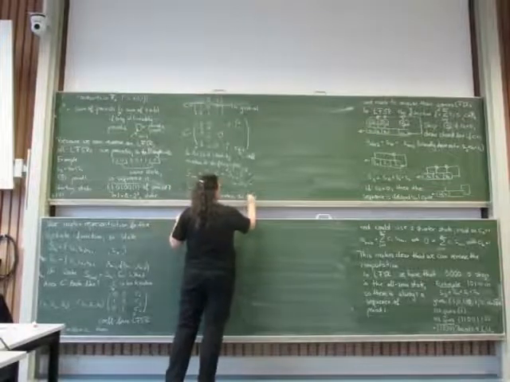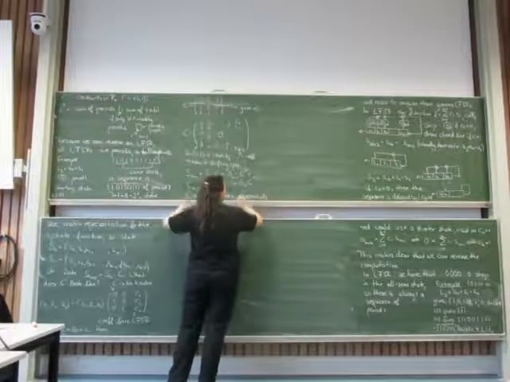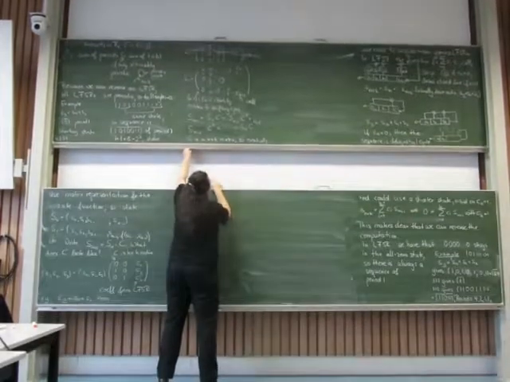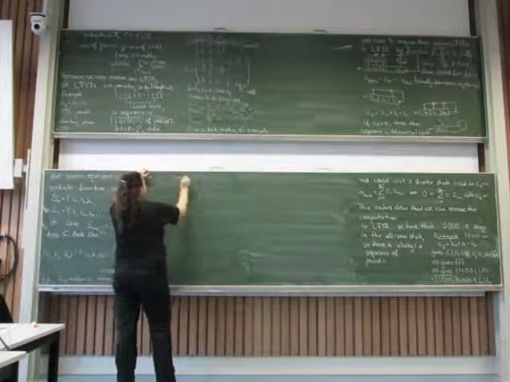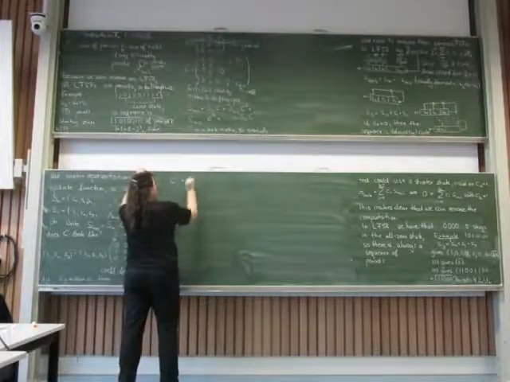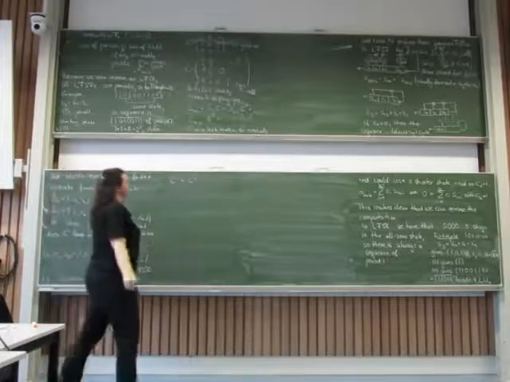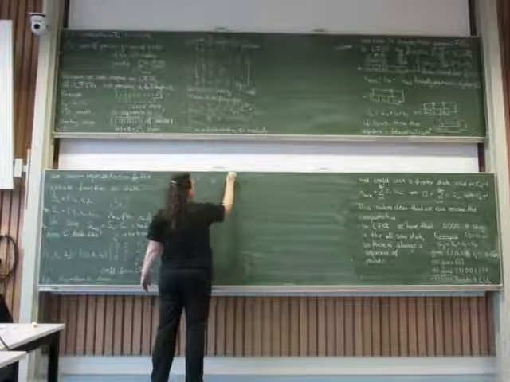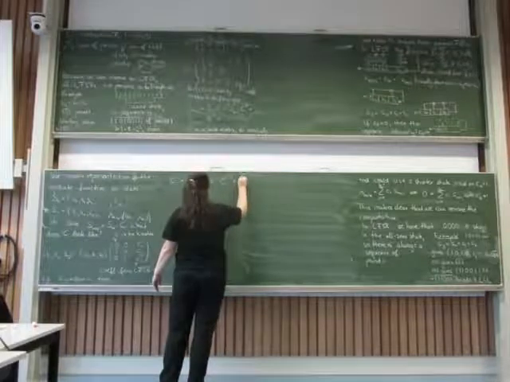So eventually we have that C to the I is C to the J, and let's assume that I is larger than J. So C to the I minus J is the identity matrix.